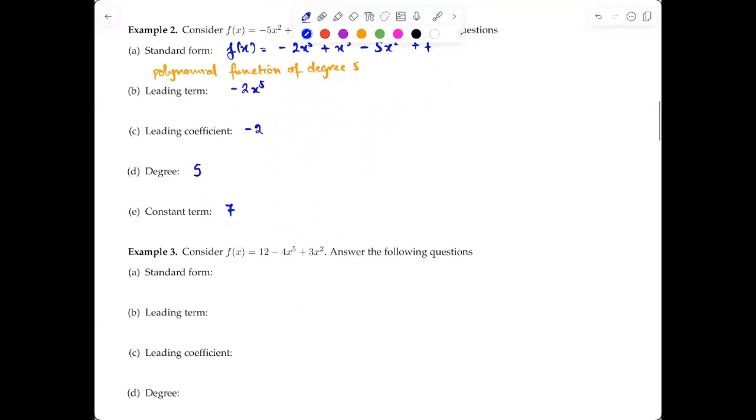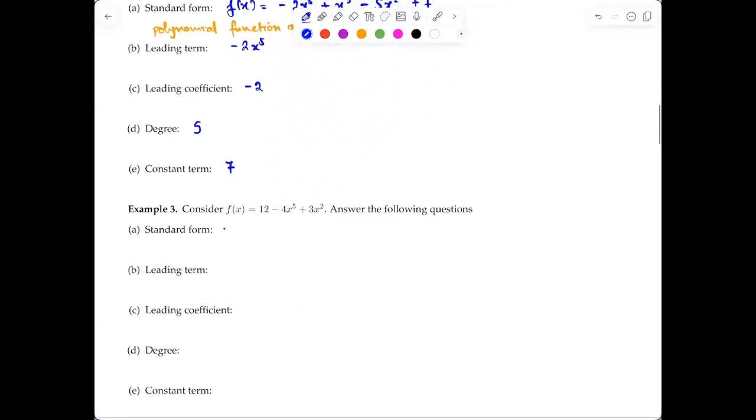So example 3, similar to the last two examples, you have f of x equal to negative 4 times x to the 5th power plus 3x squared plus 12. Right. This is a polynomial function of degree 5 again.